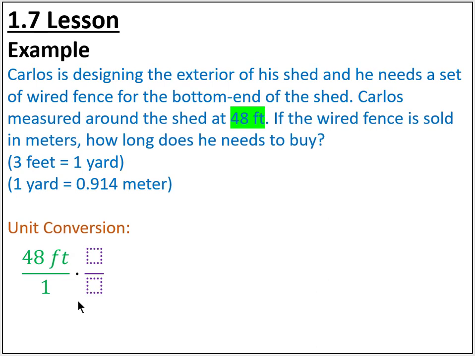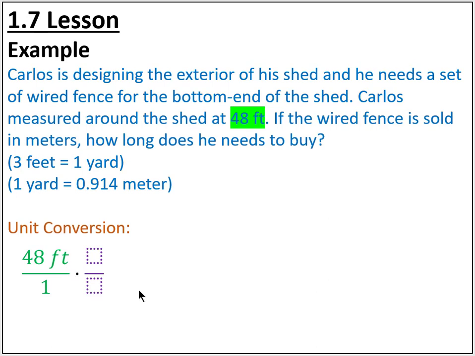We're going to multiply by a new fraction. We set up this fraction based on the information that is given. When it comes to unit conversion, when we're multiplying by our second fraction, we use the information from the first fraction to input into the second. So I repeat, you're going to use the information from the first fraction in the second fraction.